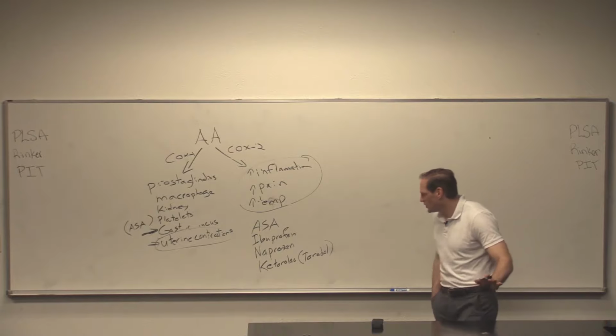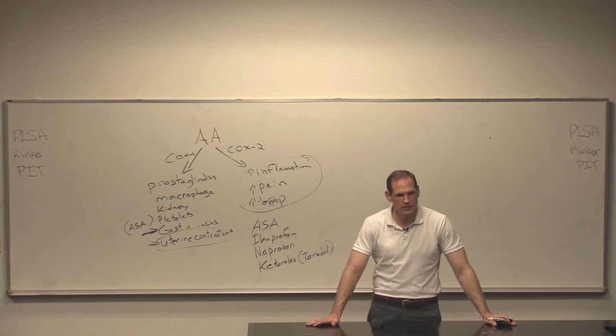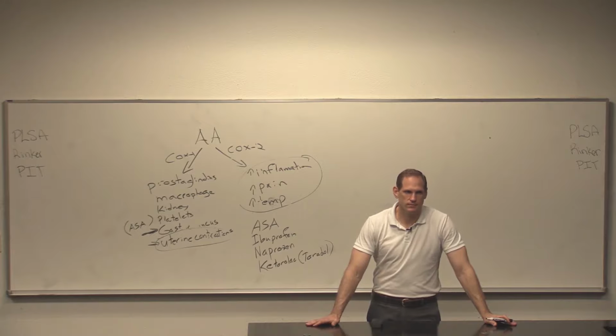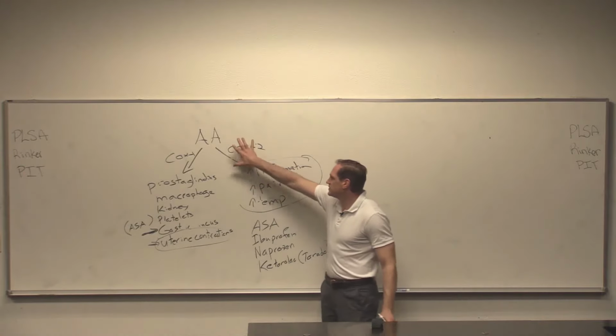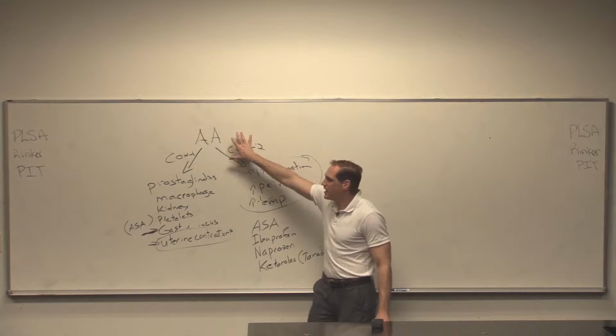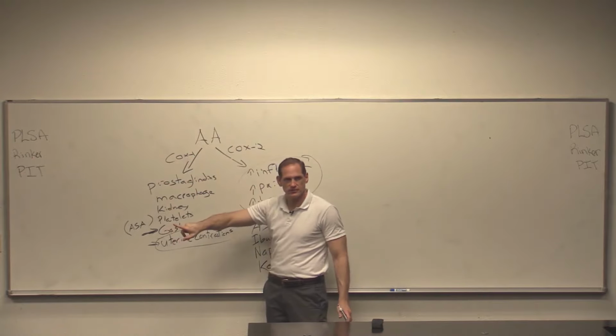So, what's the number one adverse effect you have to worry about for patients who are on COX inhibitors? Gastric ulcers. Now, what if we had a drug that was selective for just COX-2 and not COX-1? Would there be fewer ulcers?